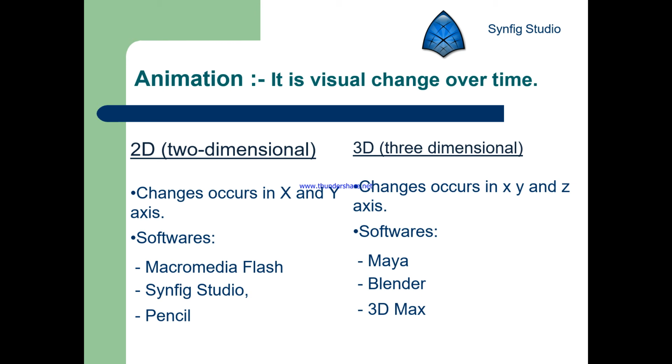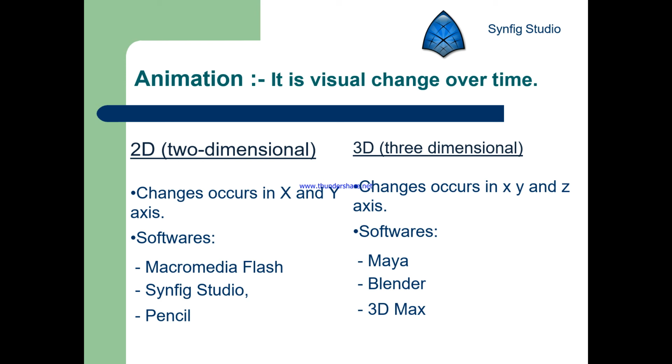Whatever you see as 3D objects or 3D motion effects is mostly designed in Maya, Blender and 3D Max. These are widely used in the world nowadays to develop 3D applications.